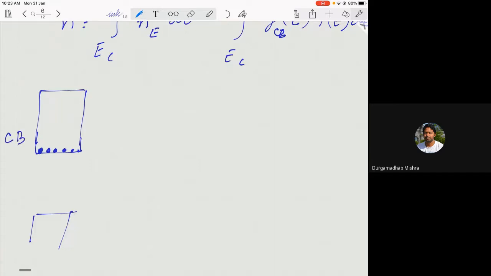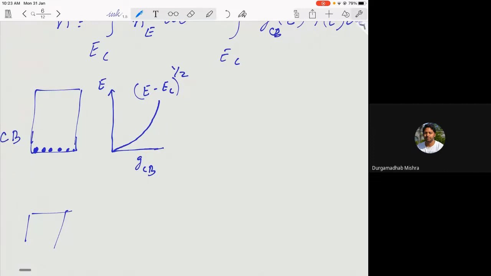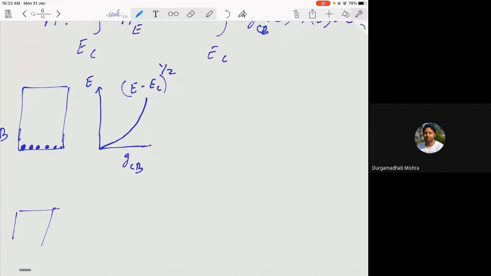This is my energy axis. So what will be the G of the conduction band? It has an E to the power half dependence, so it will look something like this. This is how the density of states would vary as a function of energy.